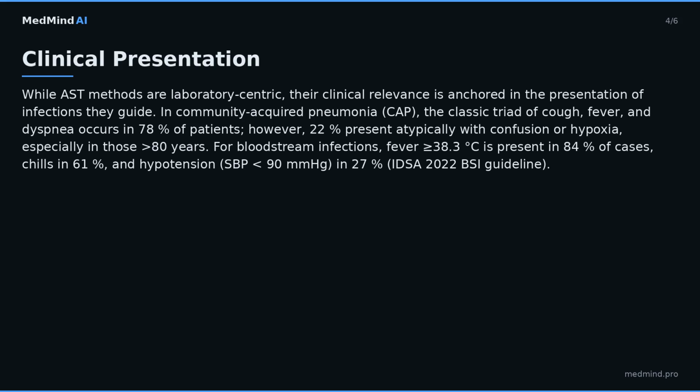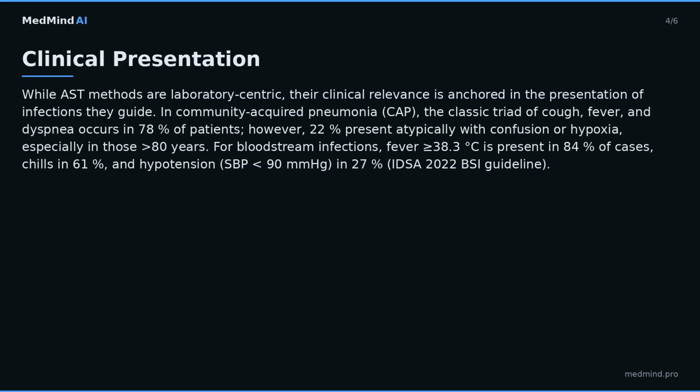For bloodstream infections, fever greater than or equal to 38.3 degrees Celsius is present in 84% of cases, chills in 61%, and hypotension, SBP less than 90 mmHg, in 27%, IDSA 2022 BSI guideline.